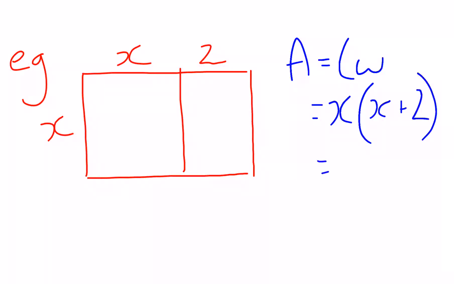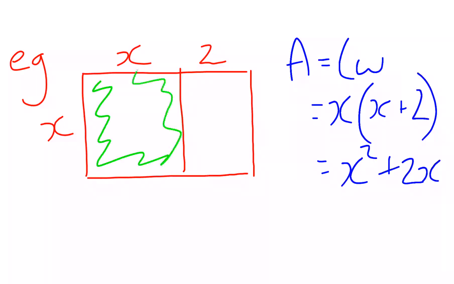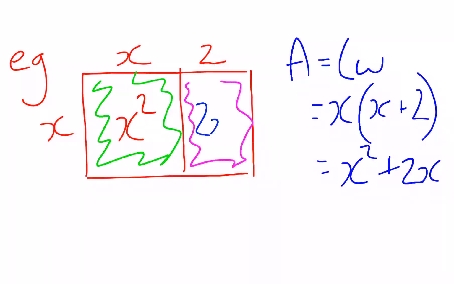If we expand that out, x squared plus 2x, you'll see that this square here, its area would be x squared because it's x times x, and this rectangle here is 2 times x, or 2x, and we got the same solution doing this either way, letting us know that the distributive law for expanding brackets does work.